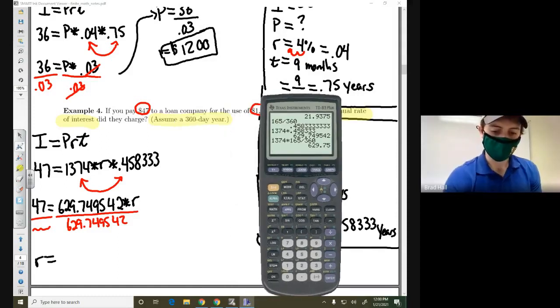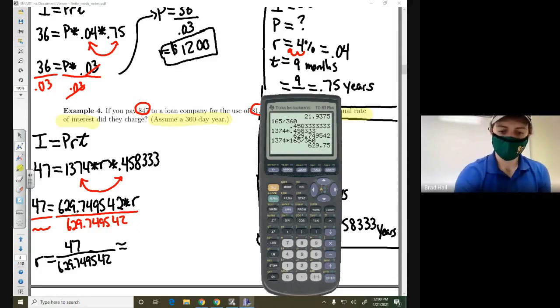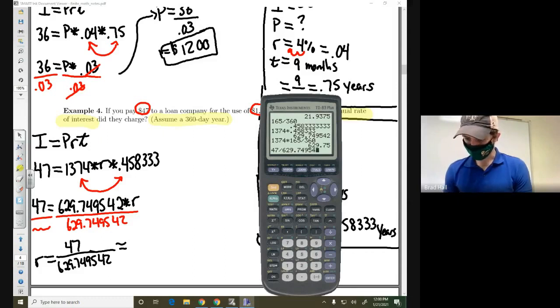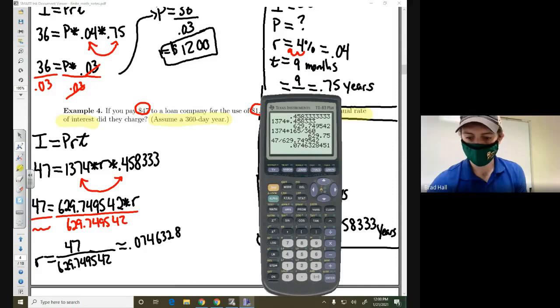So now we have R is equal to 47 on top. 47 divided by 629.749542. What does this tell us? 47 divided by 629.749542, and we get this number. 0.07, I'll just write all of them because we're at the end.